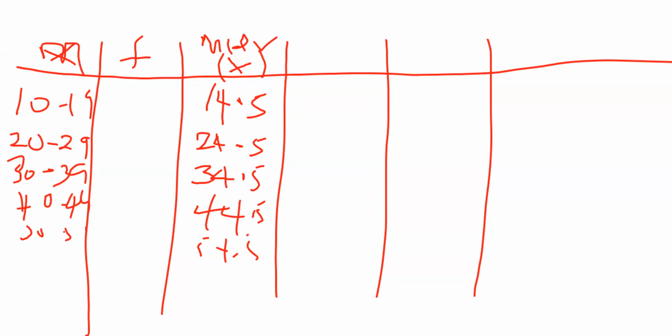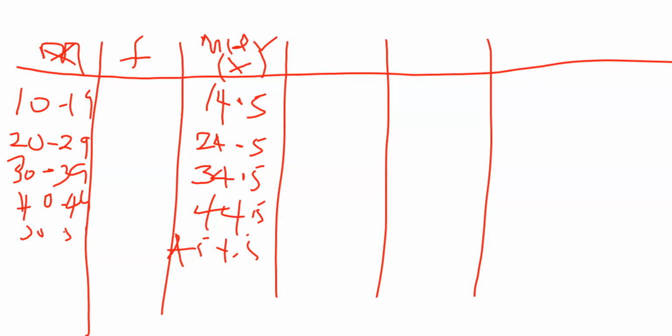It's clear, sir. Very good. Then it is clear. If you check the question with the copy, the question says use 54.5 as the assumed mean, and this is 54.5 in your table. 54.5 is now our assumed mean.